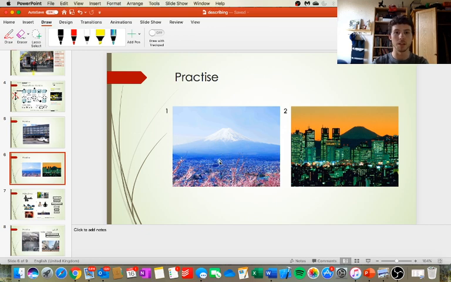What about these pictures? So, do you know what this mountain is called? It's in Tokyo. Tokyo, Japan. So, can you describe what you see?